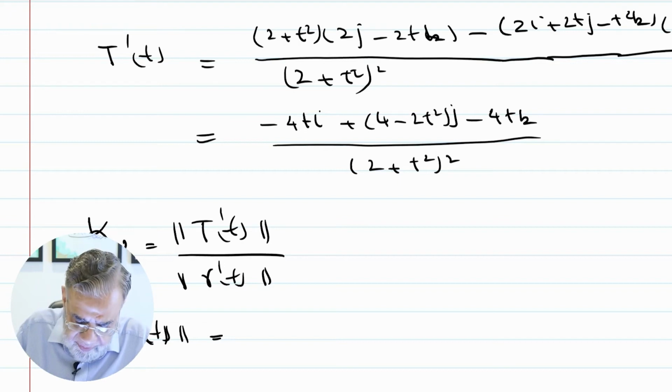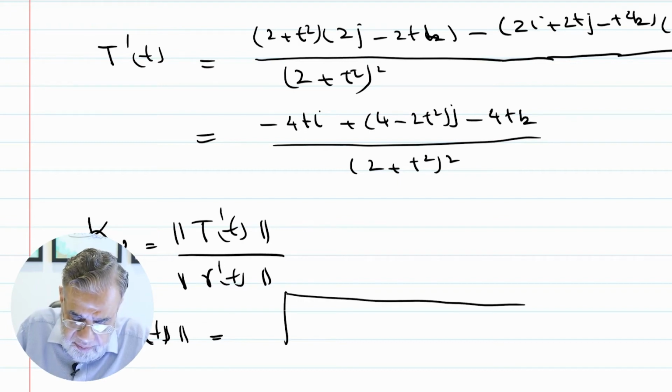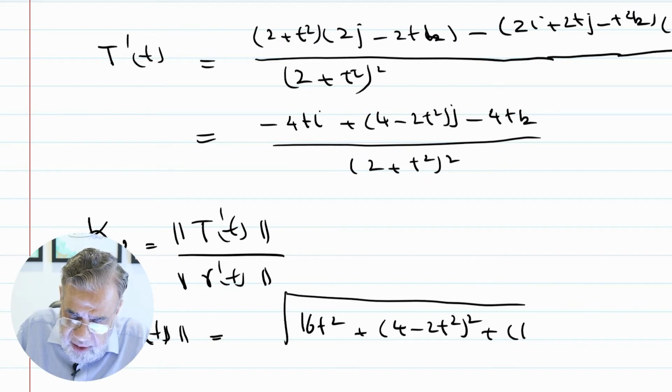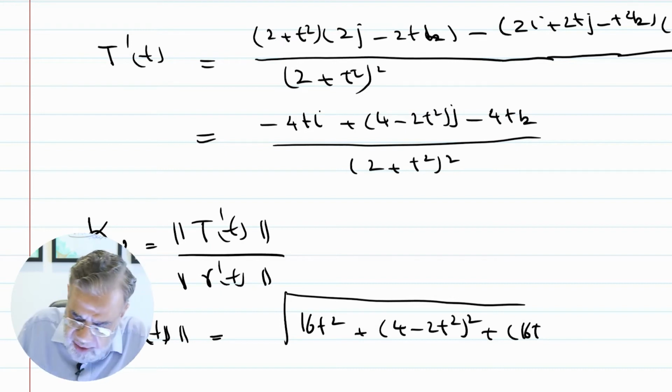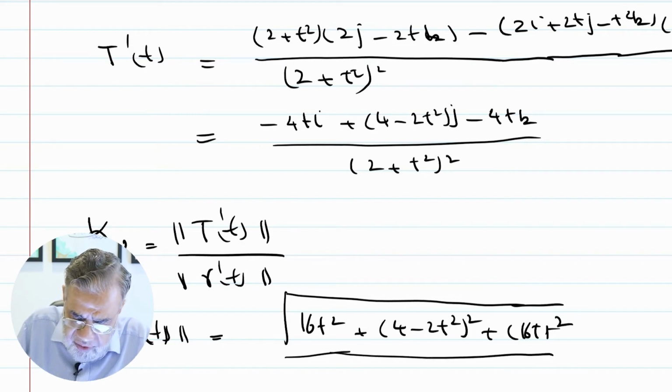This is equal to another root sign: 16t², then (4 − 2t²)², plus 16t², and similarly we take the square and root of the denominator.